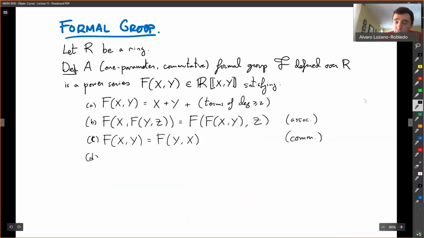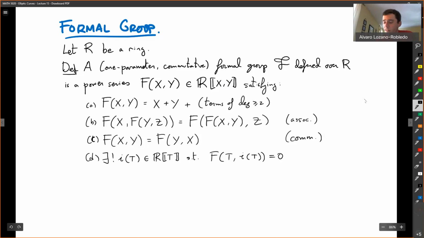Part D is that there is a unique power series in one variable this time, such that F(t, i(t)) is 0, so that is the existence of an inverse element. And if I add x to 0, I get x.